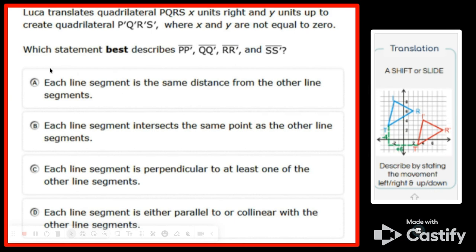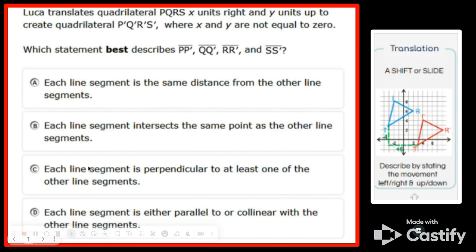It says here for A, each line segment is the same distance from the other line segments, meaning it traveled this to the right and this up. B states each line segment intersects at the same point as the other line segments. Well, if we shifted this to the right and this up, I don't necessarily think that they'll be in the same point.